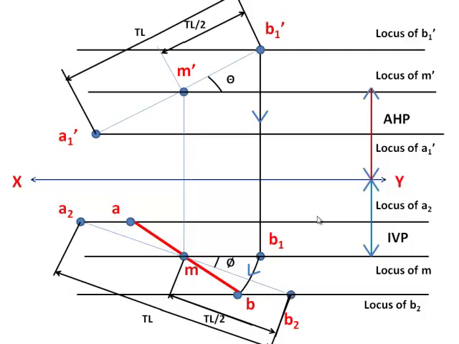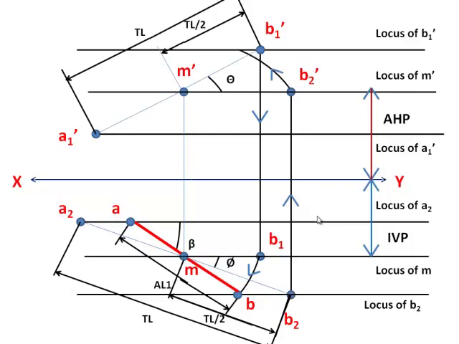Otherwise, listen here. The rotating line method again I will say. Now, from the top view, true inclination. From B2, draw a straight line up to where? Locus of M dash. That point is your B2 dash. Now M dash as center, M dash B2 dash as radius, cut an arc to meet the locus of B1 dash.